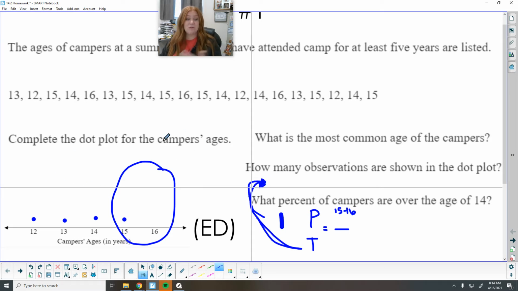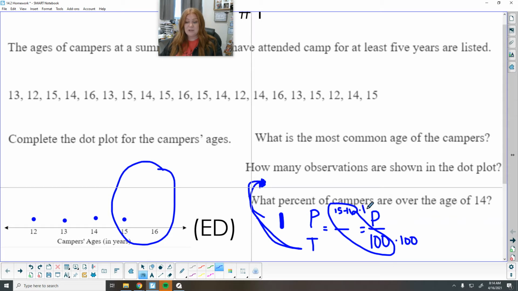How many total kids are there? So the campers over 14, count the 15 and 16-year-olds, and then our total is all the campers. When we're looking for percent, percent is always out of 100. So we will times our number here by 100 because we do the opposite to both sides.